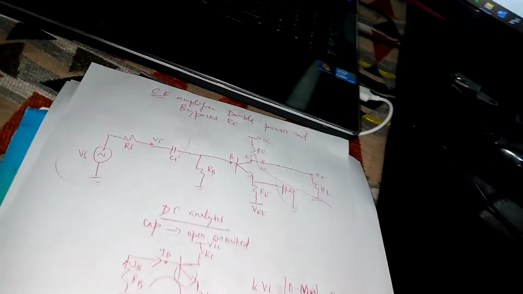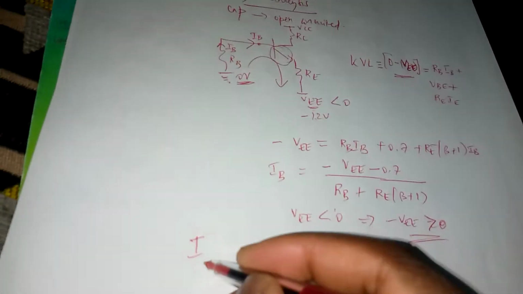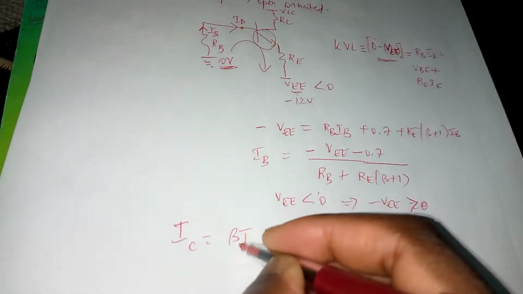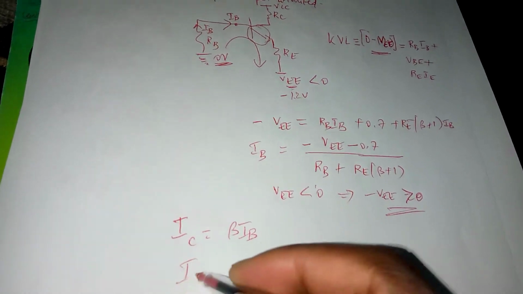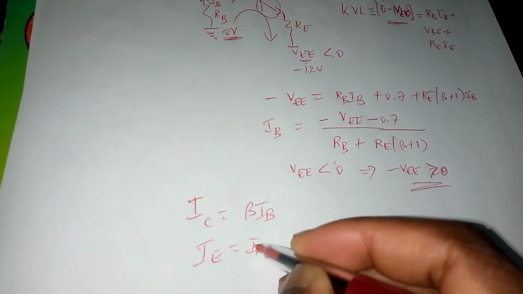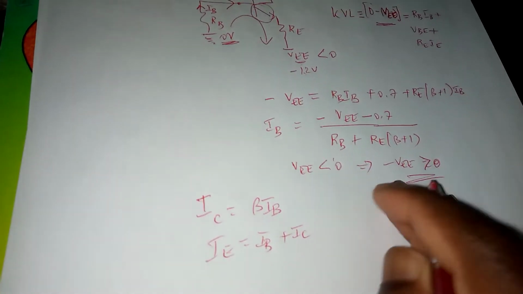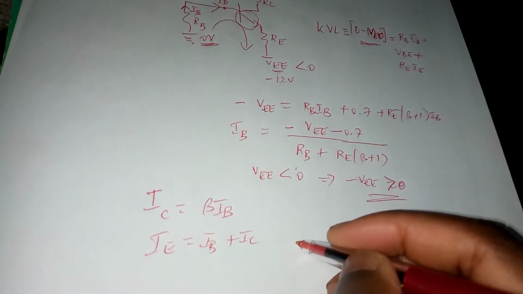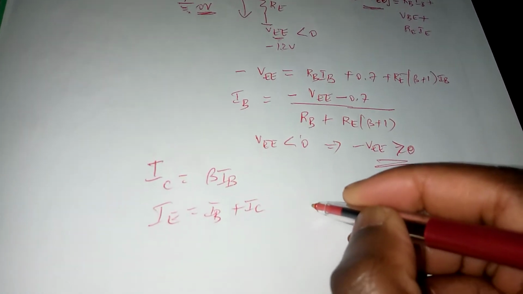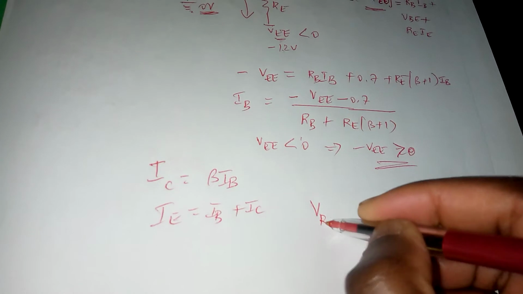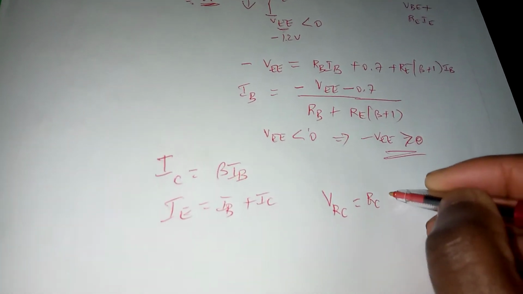And now we move on to the AC analysis part. But before we do, once we get IB, you can get IC as beta IB, of course. You can get IE as IB plus IC. Very important is that you can get VRC, which is the drop across RC, as RC IC.